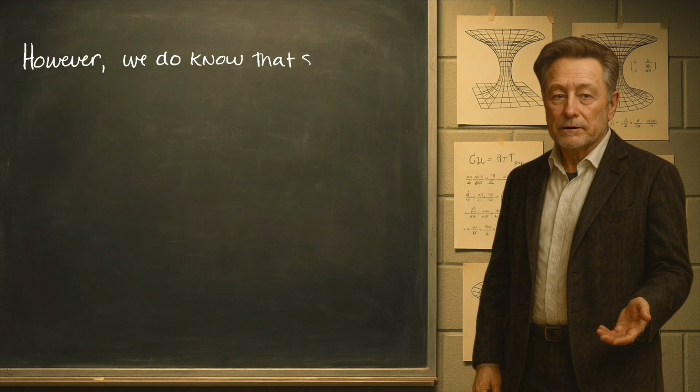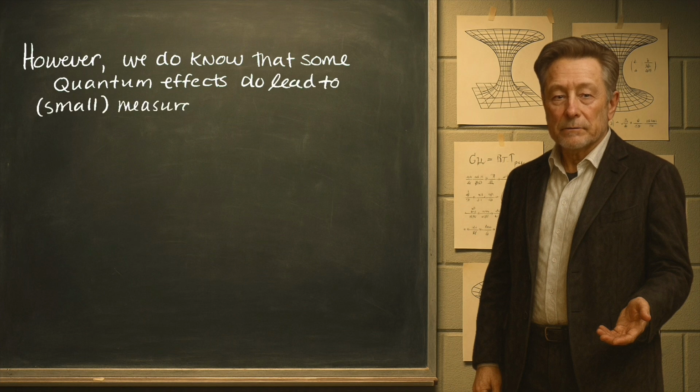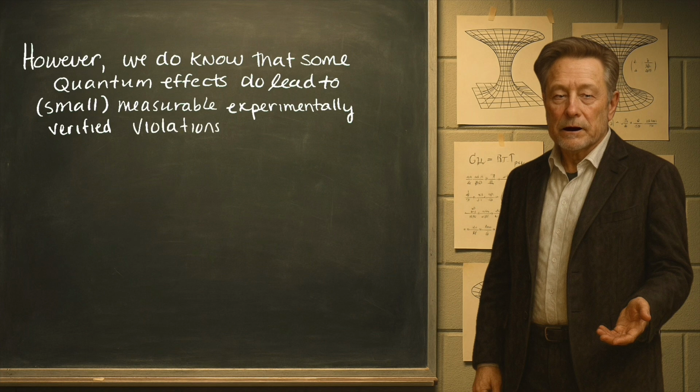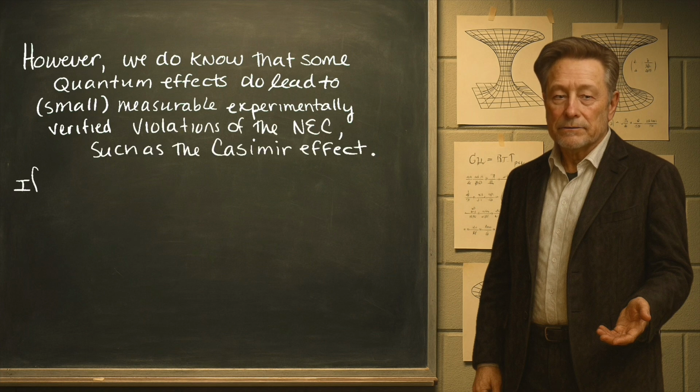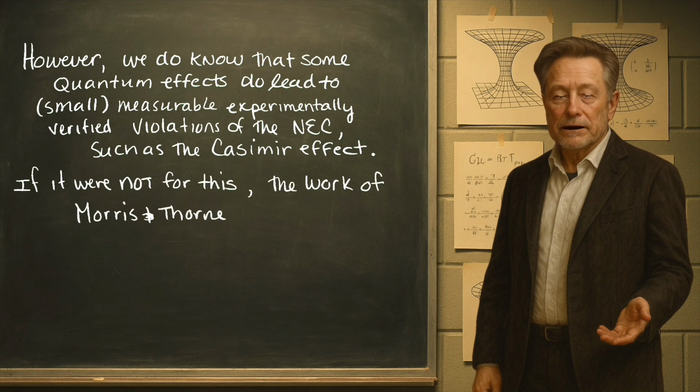However, we do know that some quantum effects do lead to small, measurable, experimentally verified violations of the NEC, such as the Casimir effect. If it were not for this, the work of Morris and Thorne would be interpreted as the beginning stages of a no wormhole theorem.